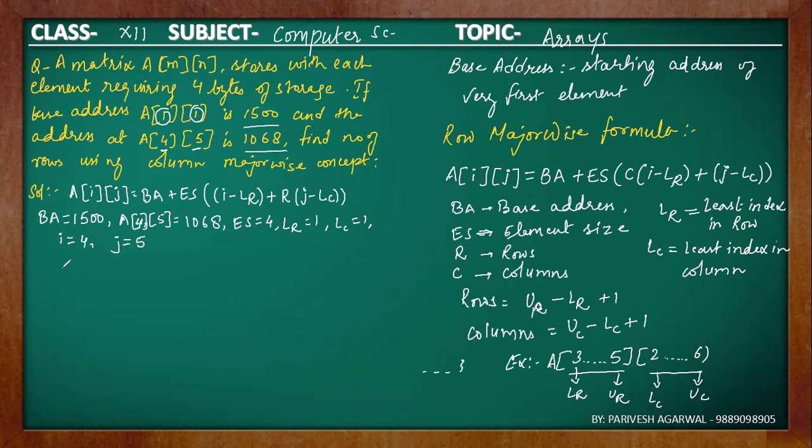Now let's put the values in the formula: address 1068 equals base address 1500 plus element size 4, multiplied by I, which is 4, minus LR which is 1, plus rows, which you have to find, and next J is 5 and LC is 1.